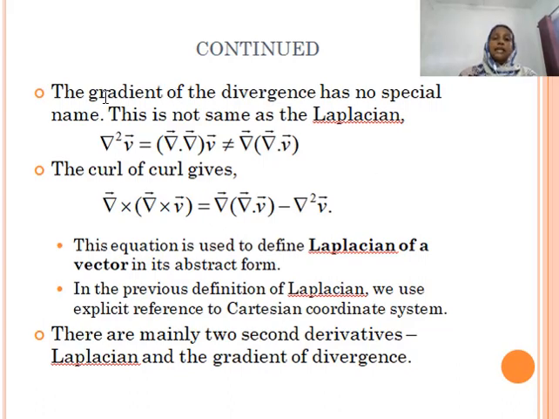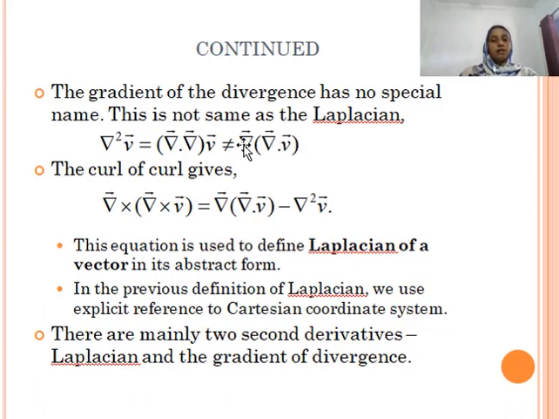Now, the gradient of the divergence has no special name, but this is not the same as the Laplacian. Remember that point. So the Laplacian del square V equal to del dot del V. This is the del square Laplacian operator, but this is not equal to gradient of del dot V. Both these are different.